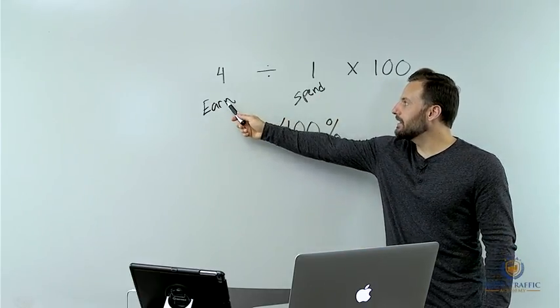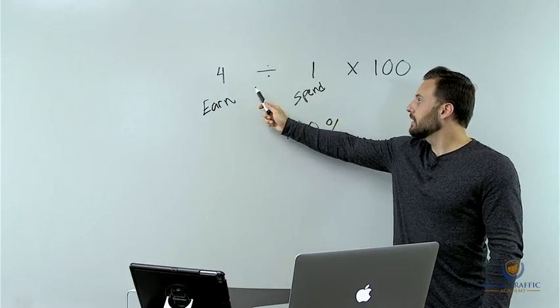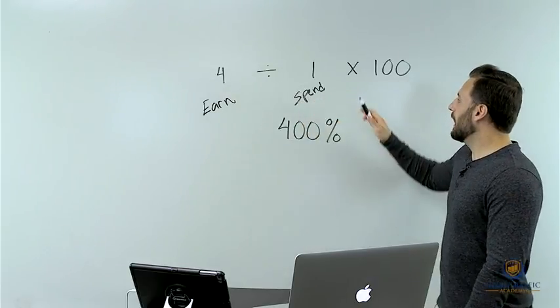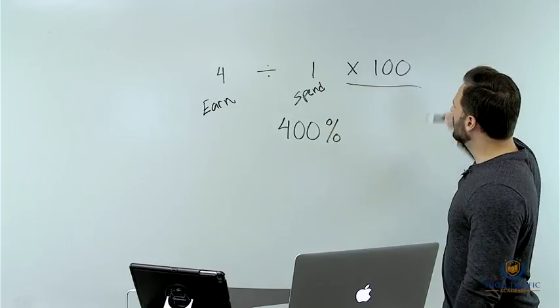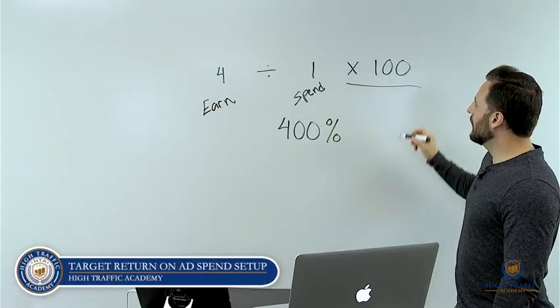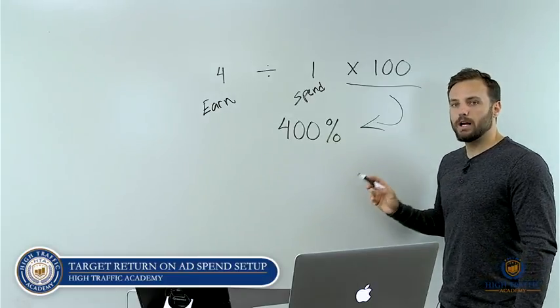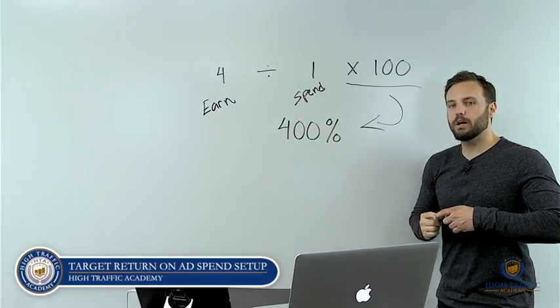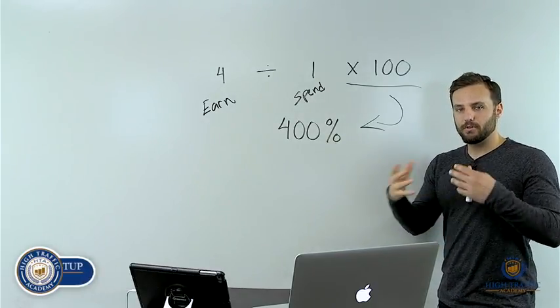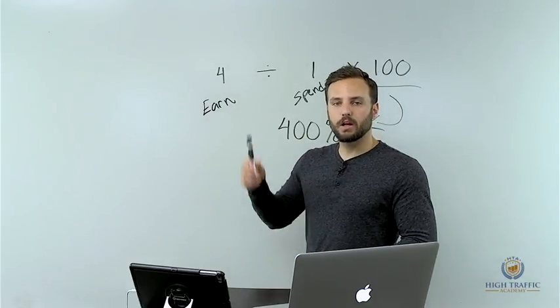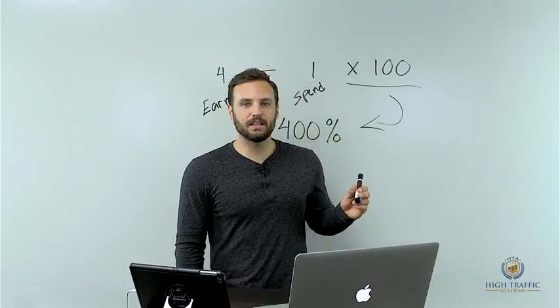I divide the number of dollars I want to earn by the number of dollars I can spend to earn that. And then I multiply that by 100. And when I do that, I end up at a percentage of 400%. So I need to have a 400% average return on ad spend in order for this to work for me. So we're going to go with that number, and that's how you get to this number.